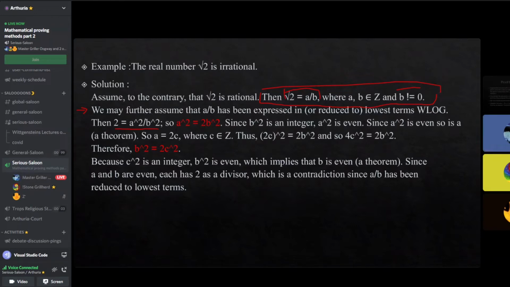Okay, so if we multiply this equation by b squared, we get that a squared is equal to 2 times b squared.